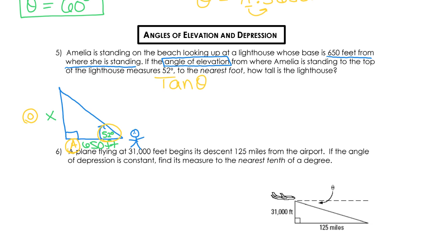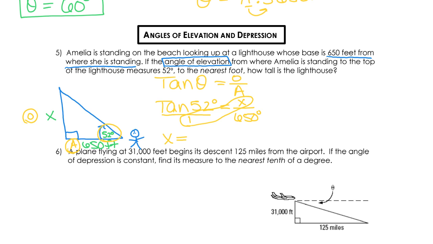And so we'll say tangent theta equals O over A. And we're going to keep tangent. Remember that theta is an angle and that our angle is 52 degrees. And that our opposite side is x over our adjacent side, which is 650. Okay. We are not solving for an angle, therefore we will not use our inverse keys. Instead, we are going to put this over 1 and cross multiply. When we solve for sides, we have to cross multiply.